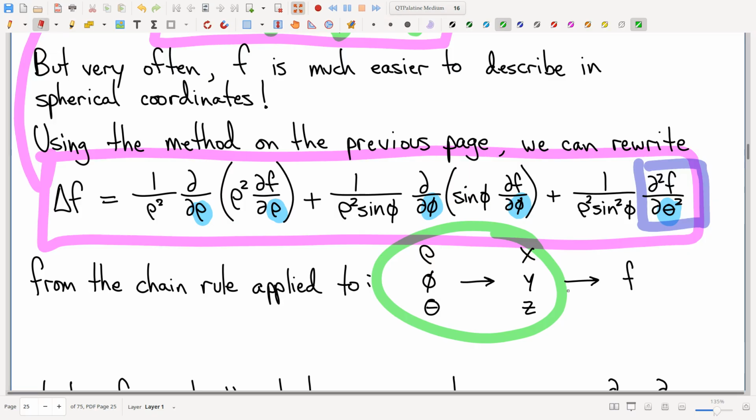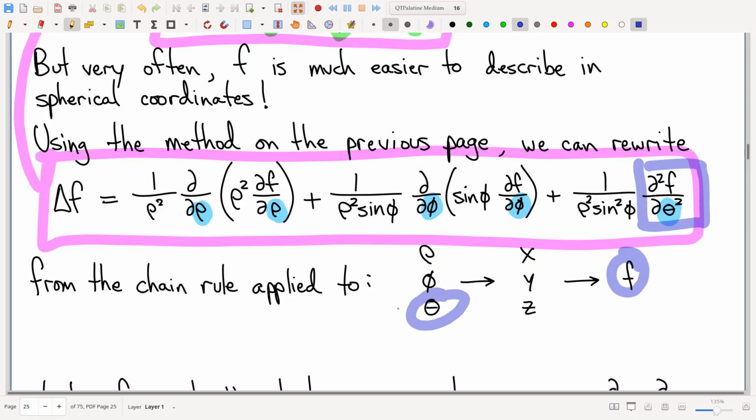And you can totally compute, for example, this partial here of f, partial of f with respect to theta using the chain rule and applying appropriately the second derivatives. And it's tedious. And I don't even think I would recommend that you give it a try.